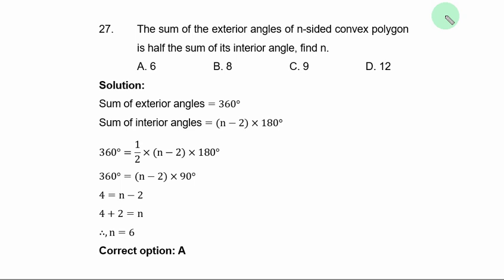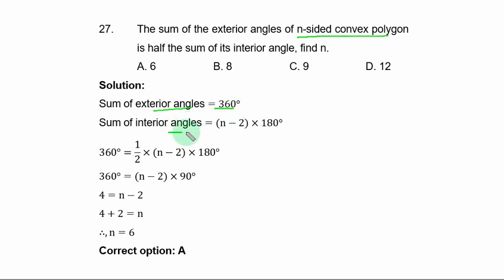Question 27. The sum of the exterior angles of an n-sided convex polygon is half the sum of its interior angles. Find n. Sum of exterior angles is 360 degrees.